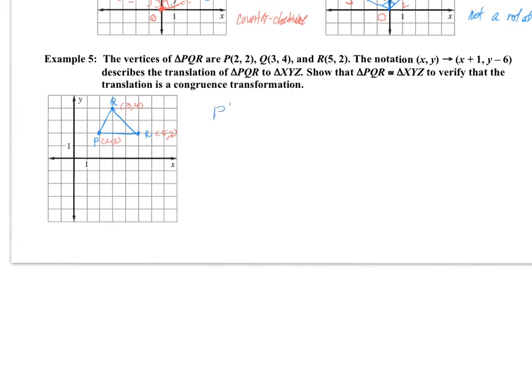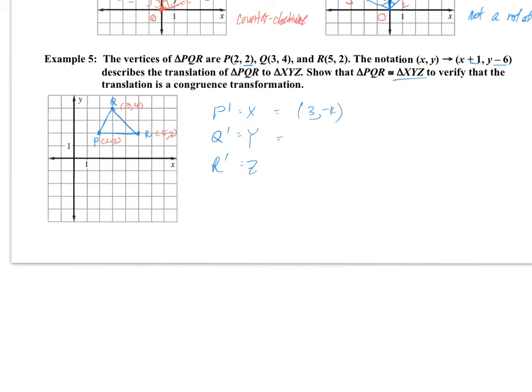So I'm going to do P prime, Q prime, and R prime. This would refer to X, Y, Z, the three vertices of the other triangle. So P prime here, we could take 2, and we're going to add 1. So it makes 3. And 2 minus 6, which makes negative 4.